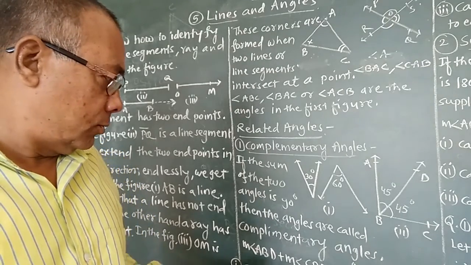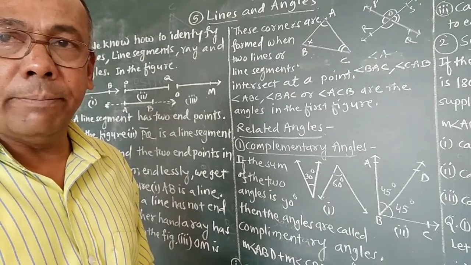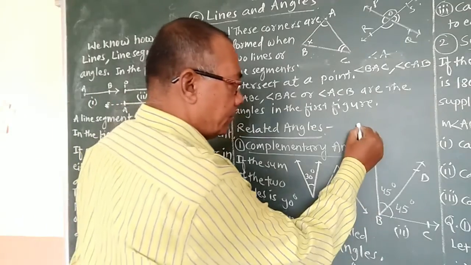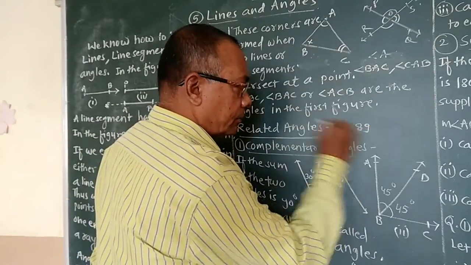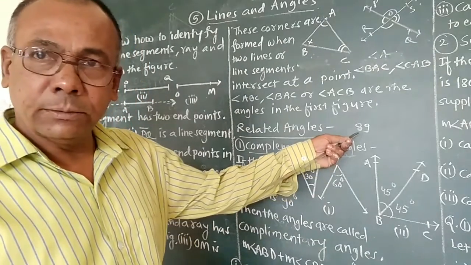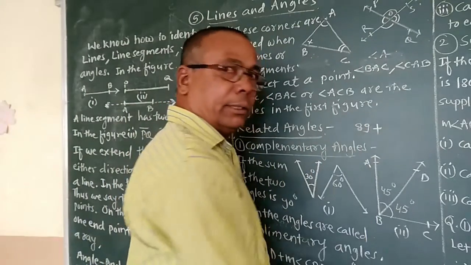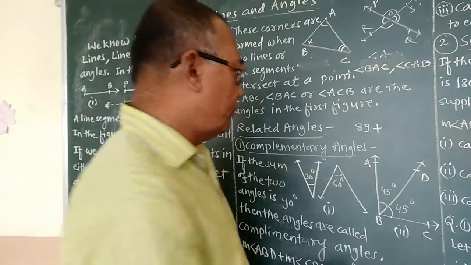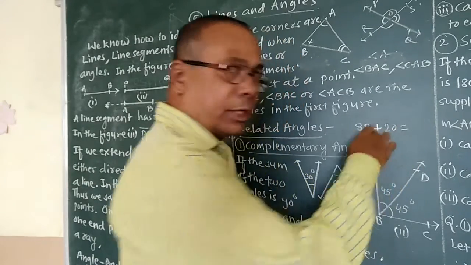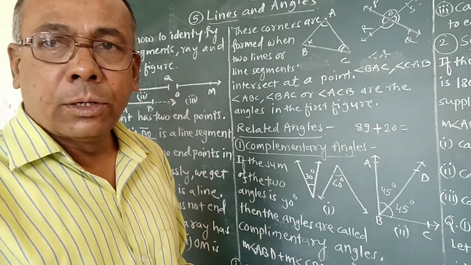Now we know that acute angle means the angle having measure less than 90 degrees. Now if we consider here 89, which is less than 90, and therefore it is an acute angle, and another angle of measure, for example, 20 degrees, this is also less than 90, and therefore both the two angles are acute angles.